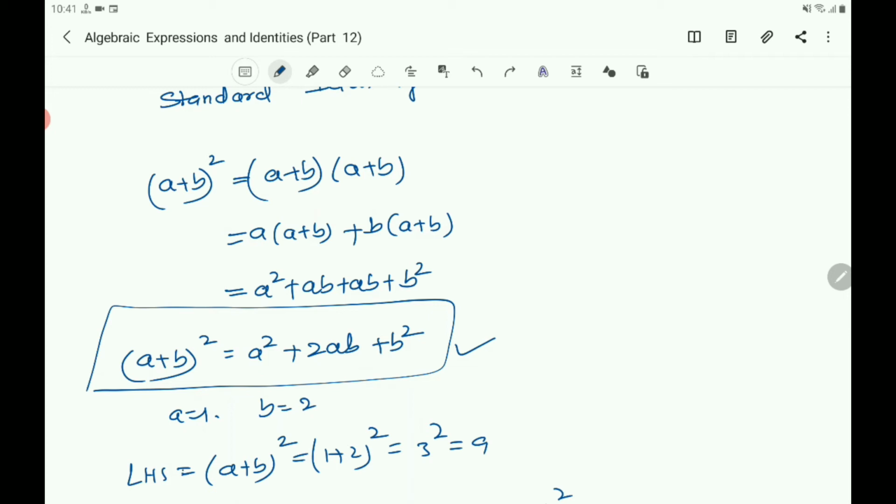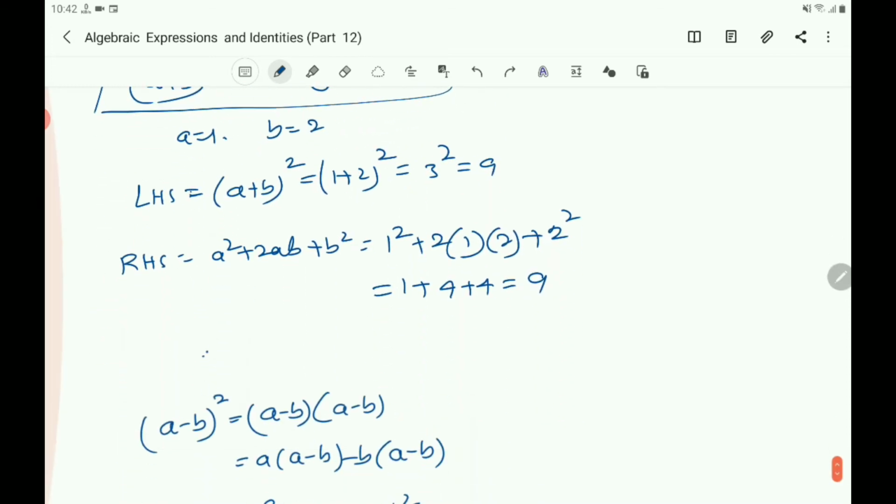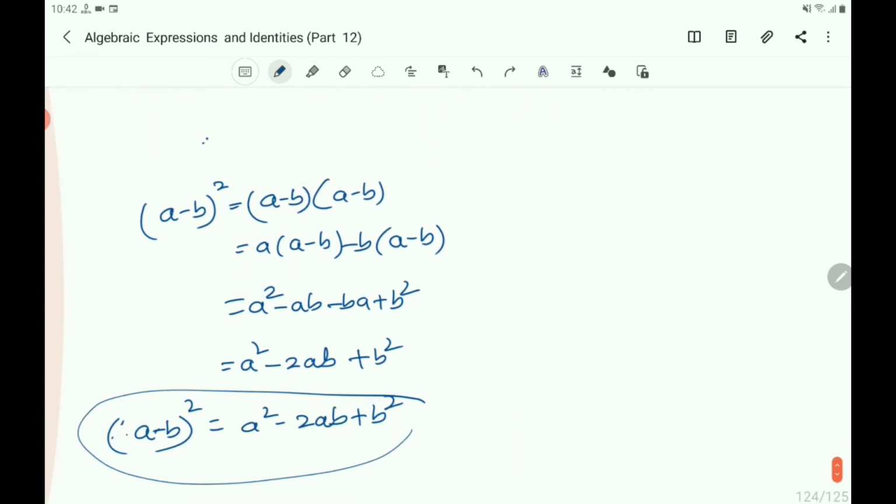The first term is the square of the first term, plus 2ab is 2 into first term into second term, plus the third term is the square of the second term. So (a plus b) whole square equals a square plus 2ab plus b square. You got one identity. Second one, (a minus b) whole square equals a square minus 2ab plus b square.